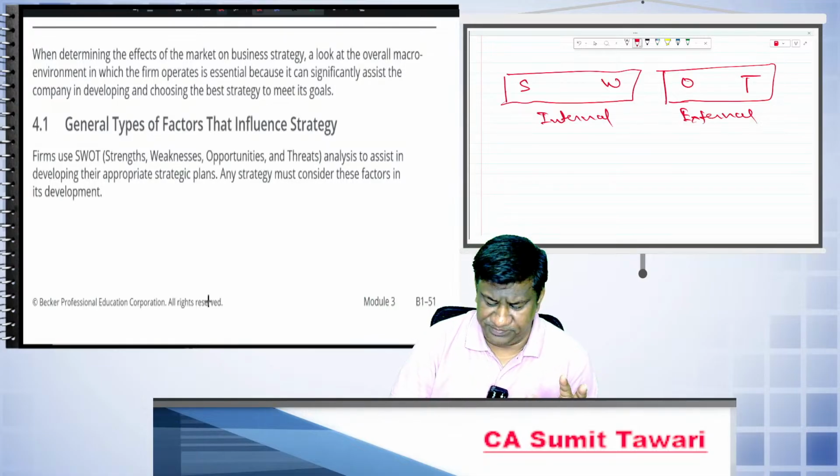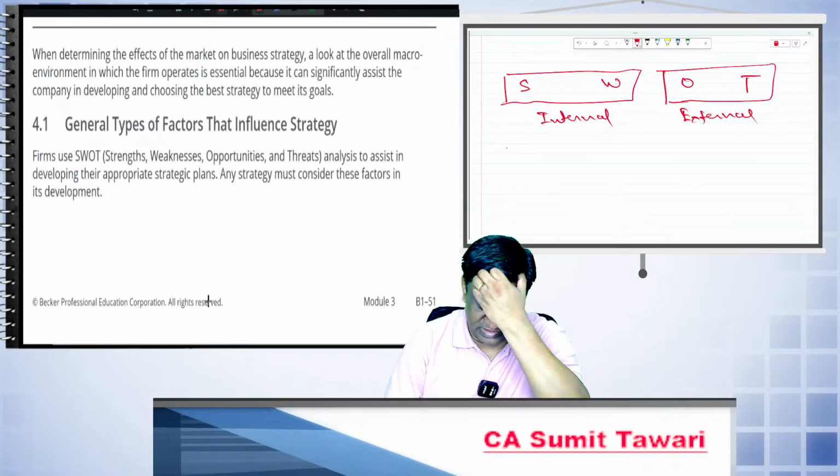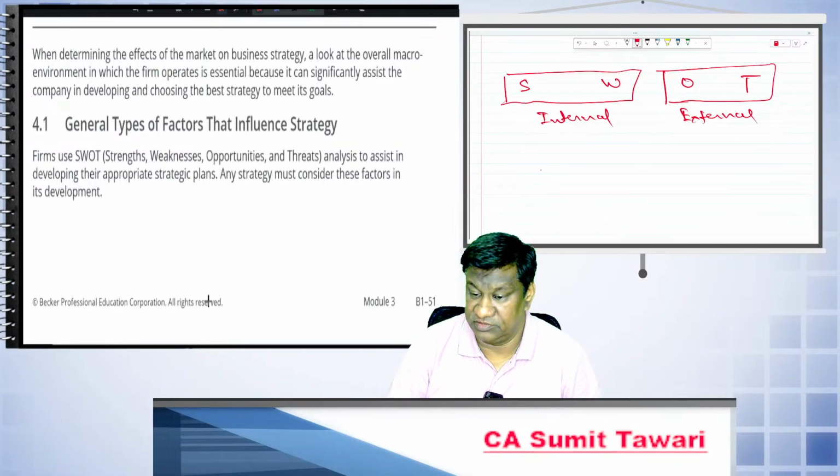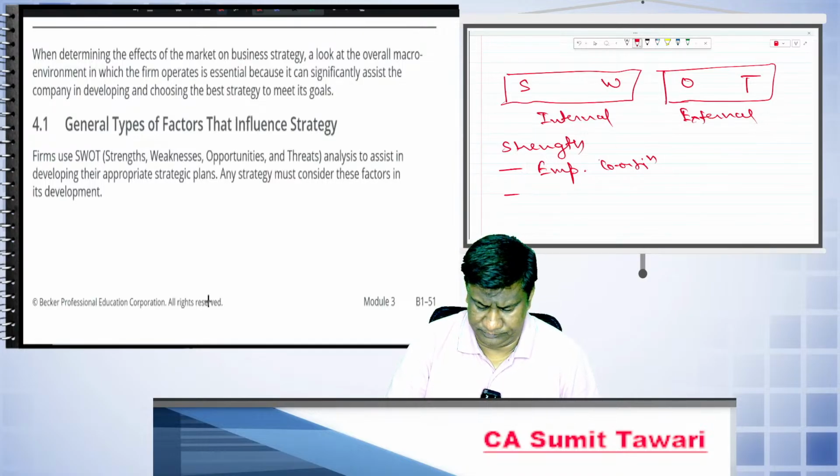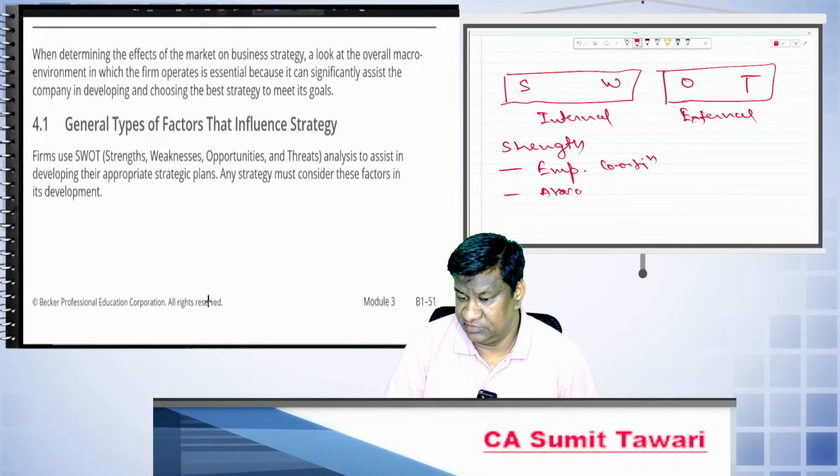So you can take an example of a manufacturing unit. Can you give some examples of strengths? First, strength. Any guess? Coordination among the employees. Employee coordination, yes. Advanced technology, yes. Efficient production.